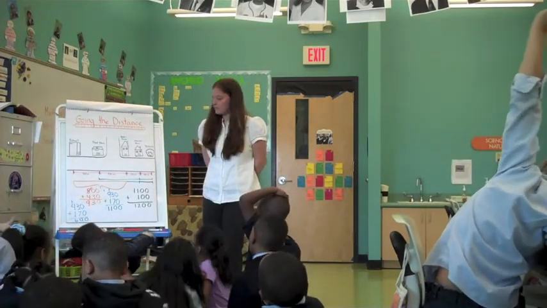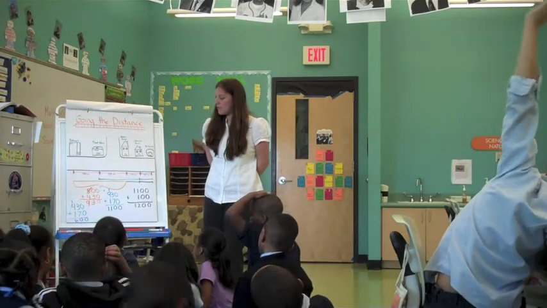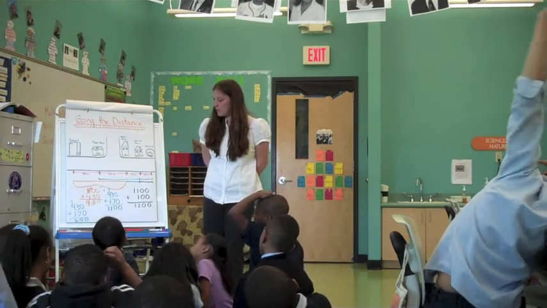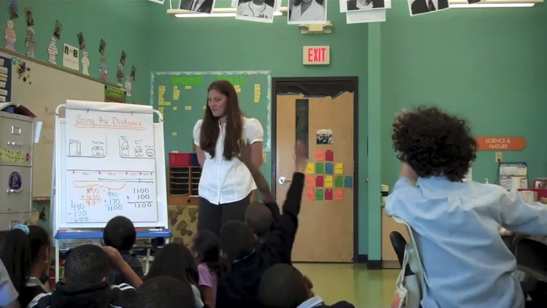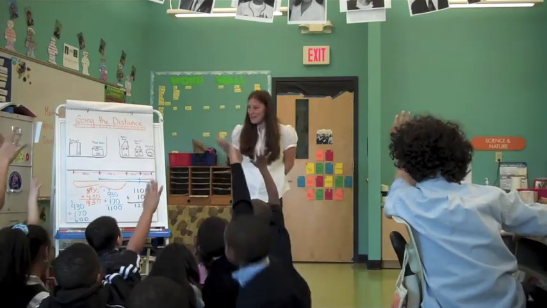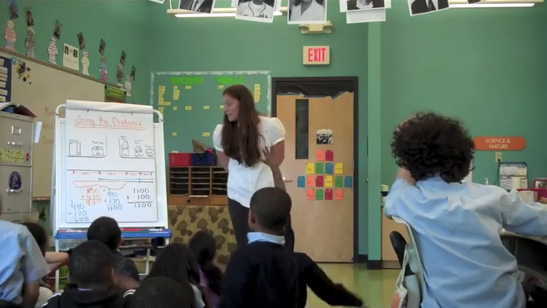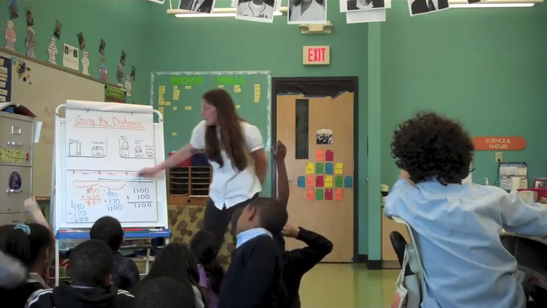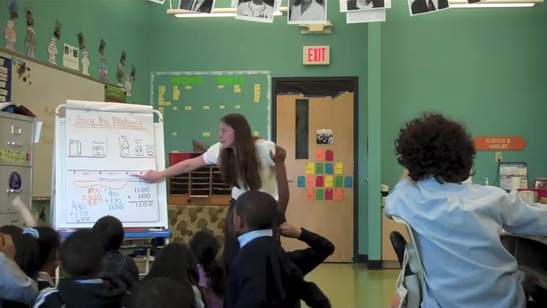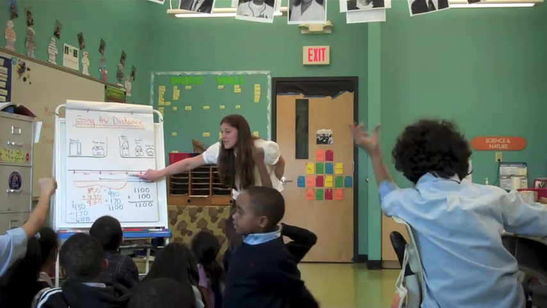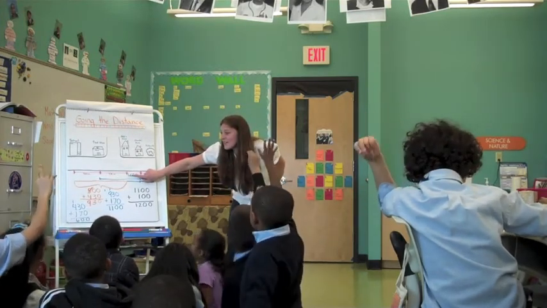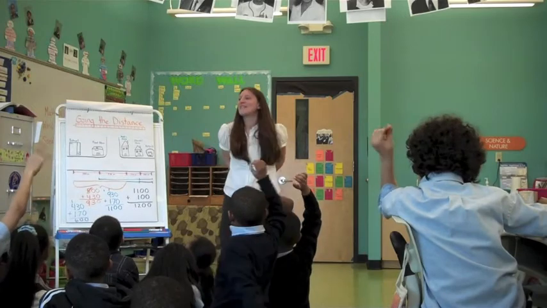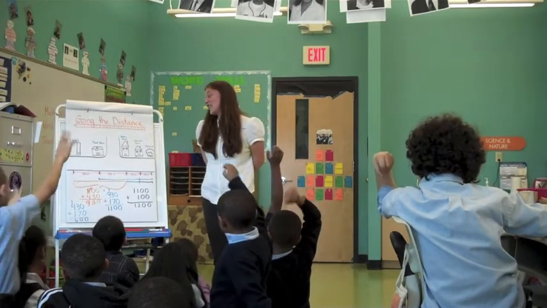Charles. 500 meters. Where did I travel? Dominic. To Alex's house. From where? From school to Alex. From school all the way to Alex's house is only 500 meters? That's 930.